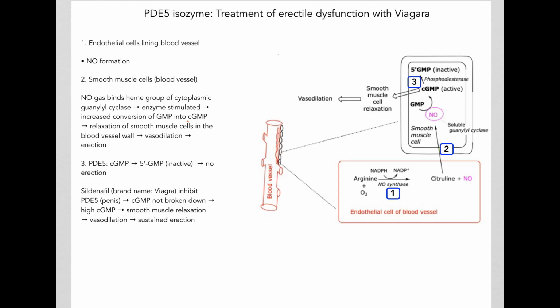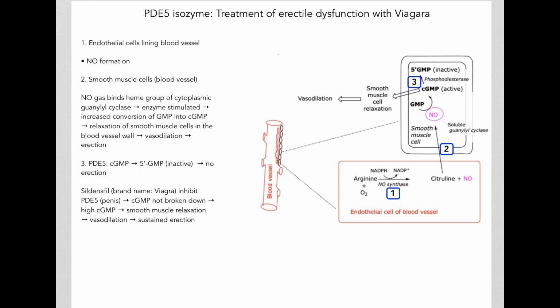So basically, the presence of cyclic GMP as an intracellular messenger will cause erection. Now, this enzyme PDE5 is predominant in the penis tissue, and it will break down this cyclic GMP into inactive 5' GMP, and that will remove the erection.